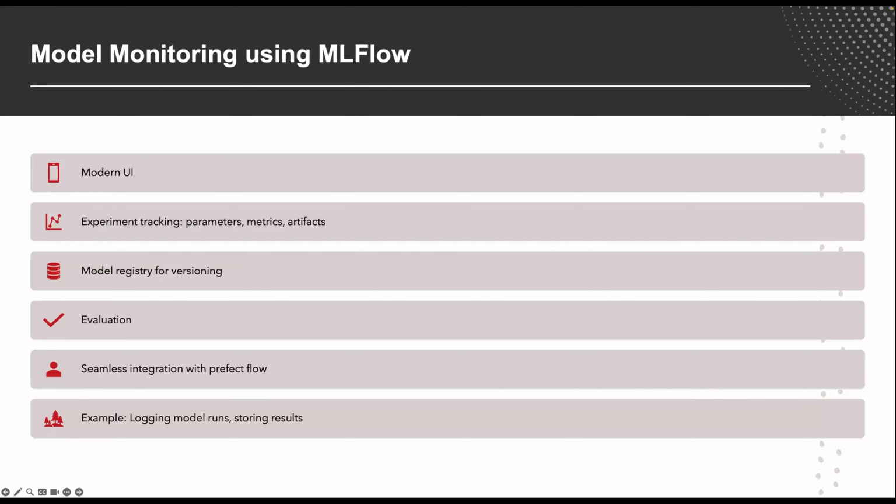MLflow supports versioning and lifecycle management of models, making it easy to track and promote models across stages. It has built-in tools that allow for consistent evaluation of model performance across different runs and environments. MLflow integrates seamlessly with Prefect workflows, enabling automated logging and monitoring within orchestrated pipelines. So for us, each model run is logged within its output store, ensuring reproducibility and traceability.